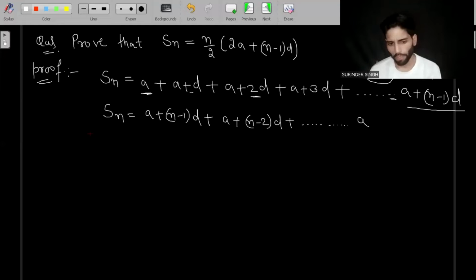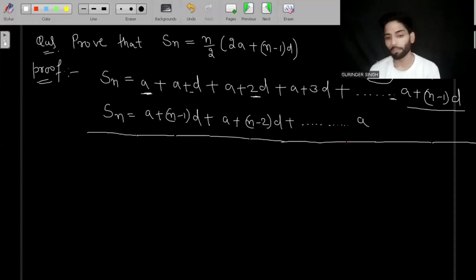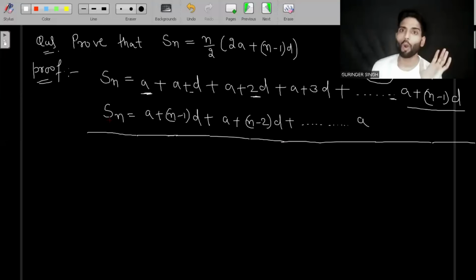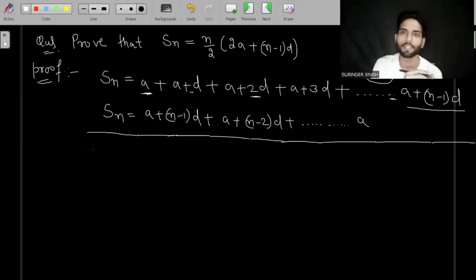I want to find the Sn, the summation. So let me add all those numbers. Adding, the left-hand side adds to the left-hand side and the right-hand side to the right-hand side.